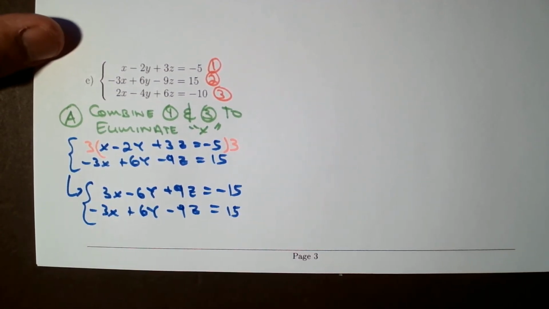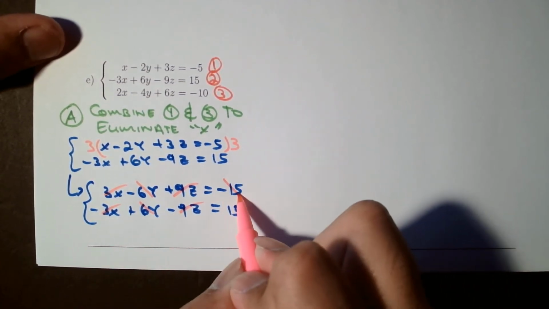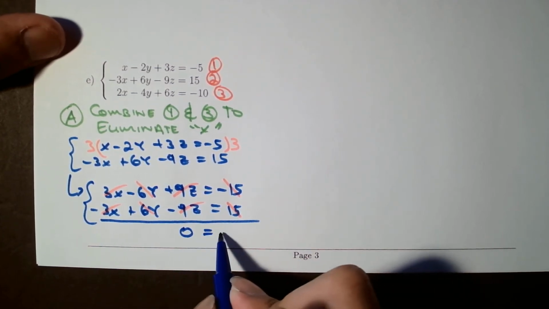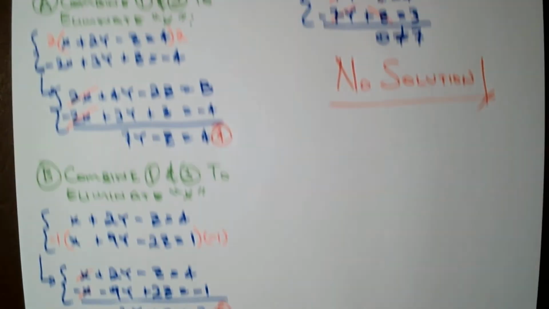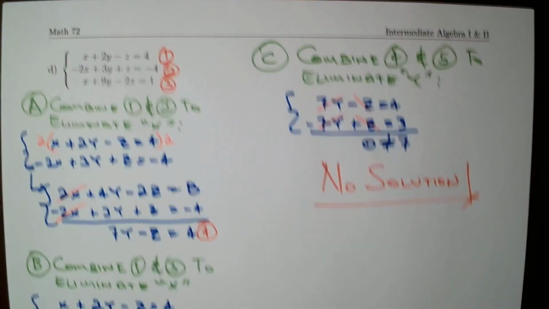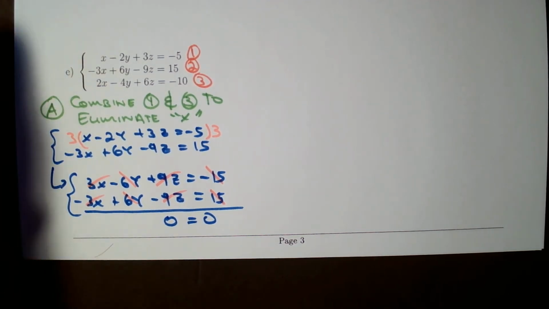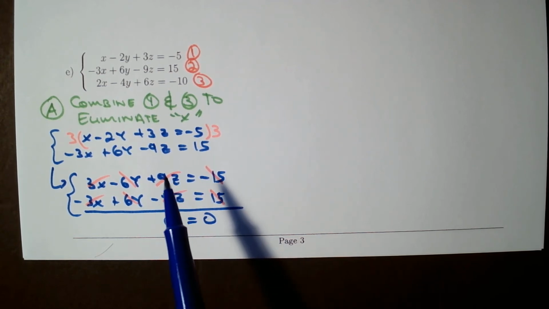Everything is going to get eliminated, giving us 0 equals 0. In this case, as opposed to the previous example, which was a contradiction and meant no solution, over here we have a true statement telling us that this system has infinitely many solutions, but not just yet. It could be a little bit deceiving.